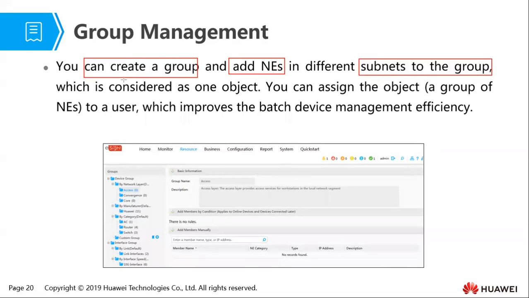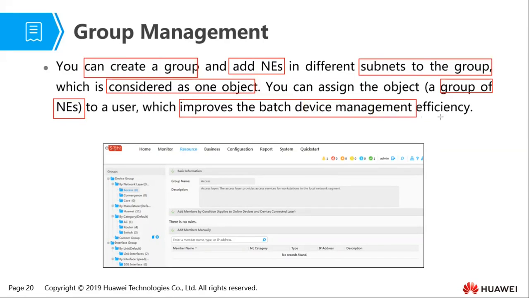Once you do that, they are considered as one object. So you can then assign the object to a user. The object is simply a group of network elements. Once you assign it, this will improve the batch device management efficiency.